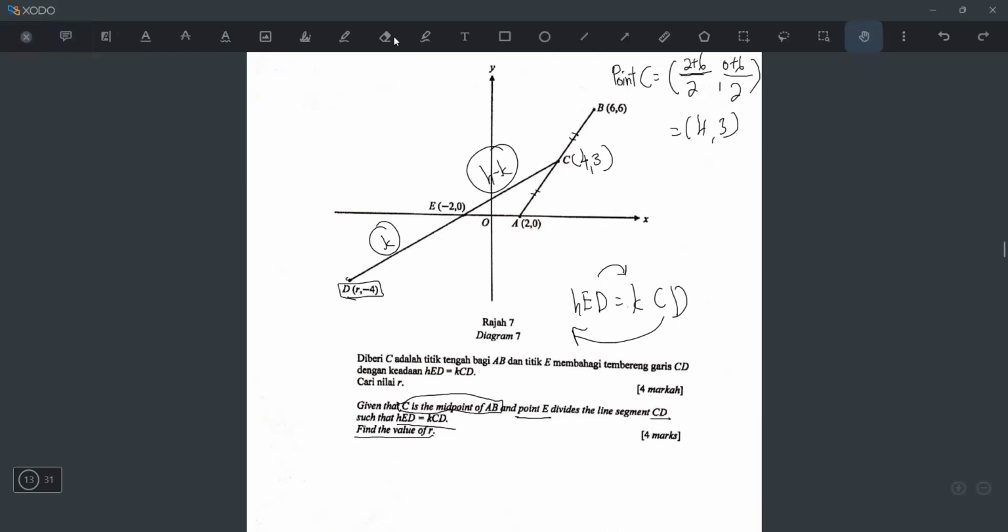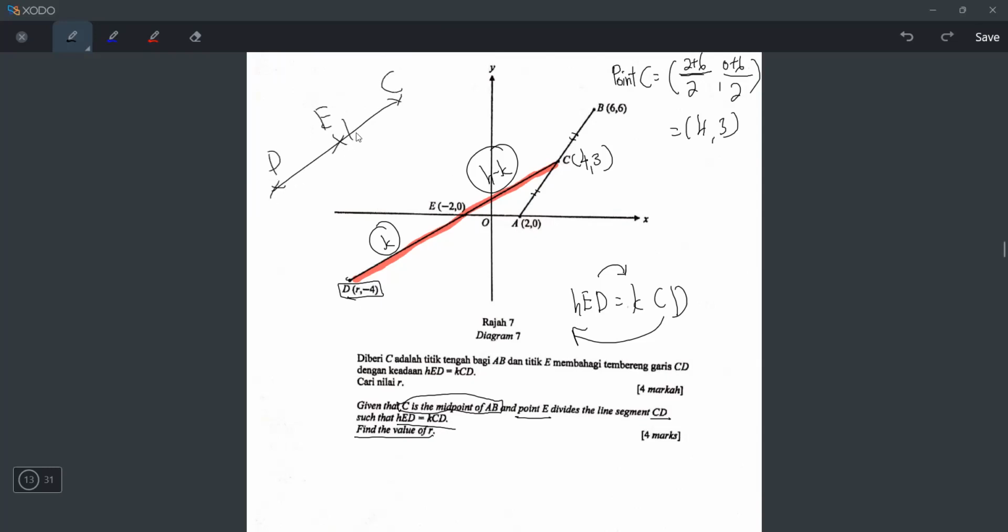First of all, I can see that this is a straight line. In this straight line, point D, point E and point C are all on a straight line, which means they are collinear. If they are collinear, what will happen if I break this line and put the EC beside the DE? What do you think these two lines will have in common?